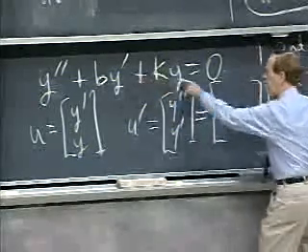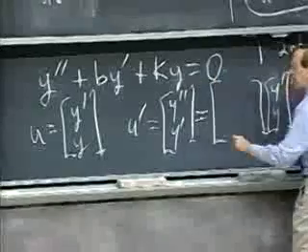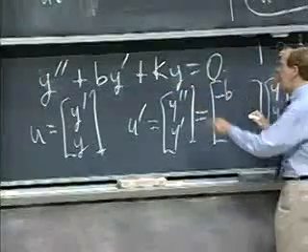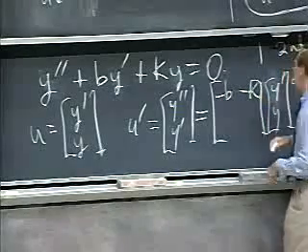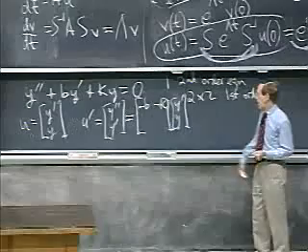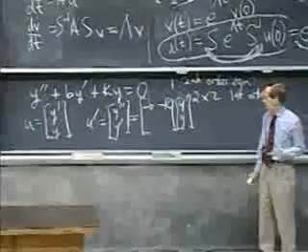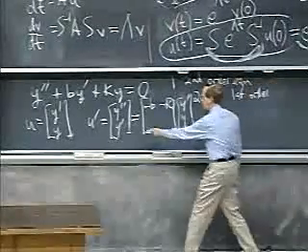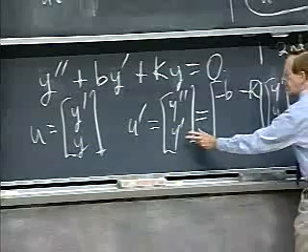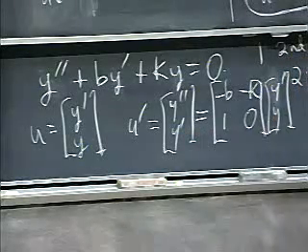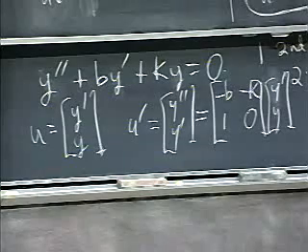The first row of the matrix is given by the equation. So y double prime is minus b y prime minus k y, no problem. And what's the second row of the matrix? The second row I want just to be the trivial equation y prime equals y prime, so I need a 1 and a 0 there.